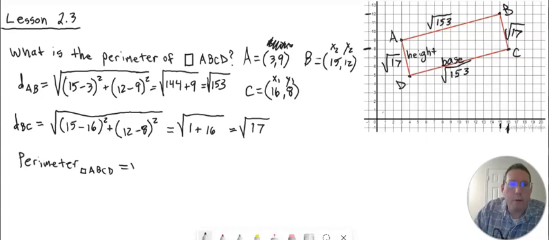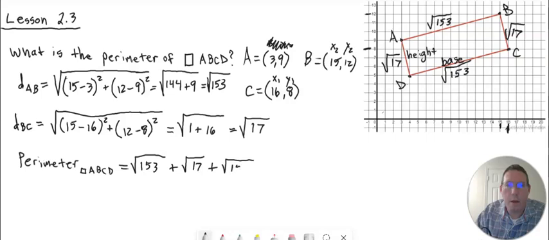I'm going to do the square root of 153 plus the square root of 17, that's the next side, plus the square root of 153 plus the square root of 17.